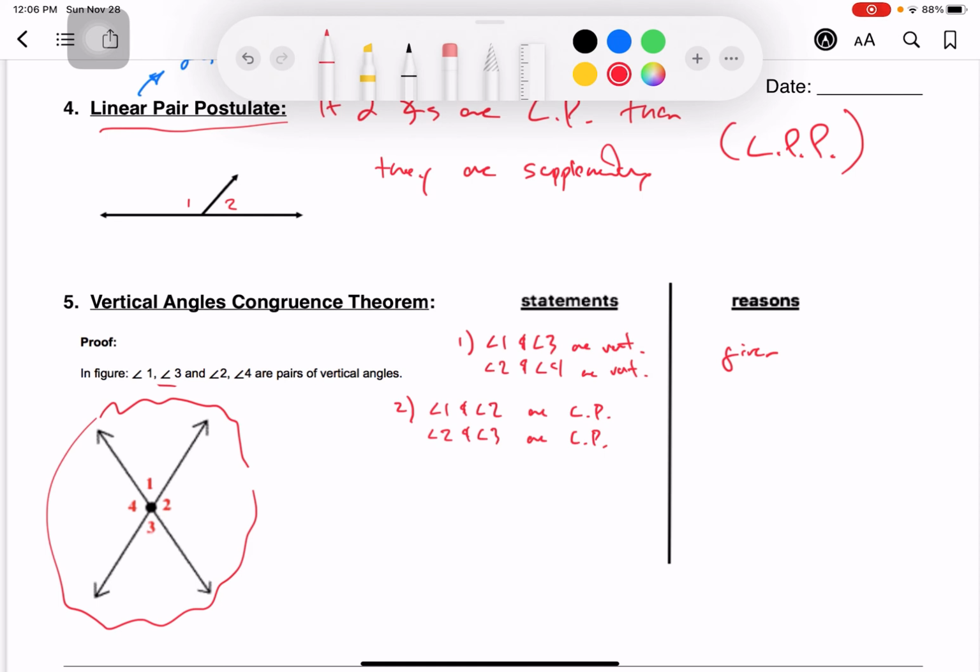You can, of course, observe those by the definition of a linear pair. That's how I'm able to observe them. If they're a linear pair, then what are they? Well, they are supplementary, right?